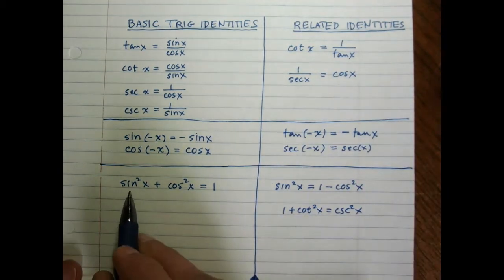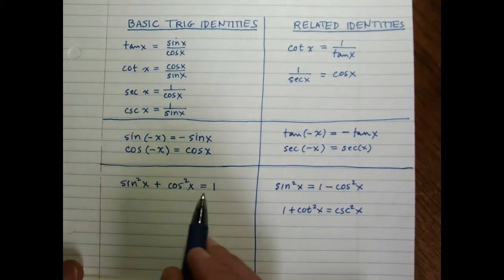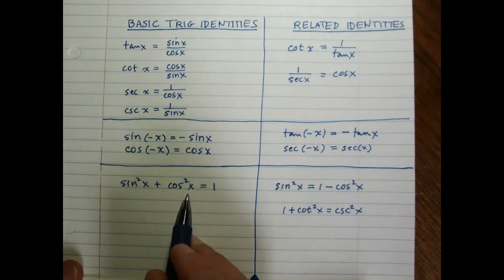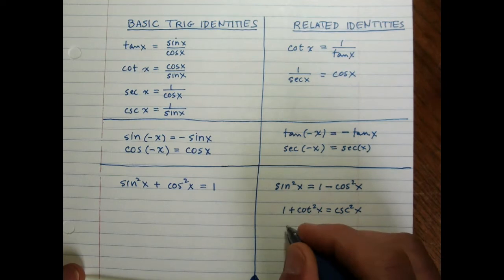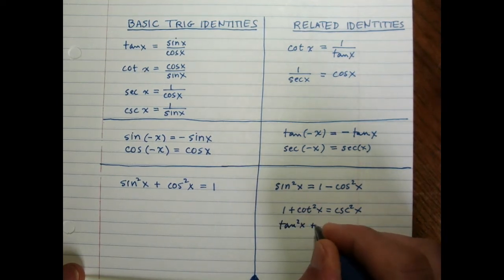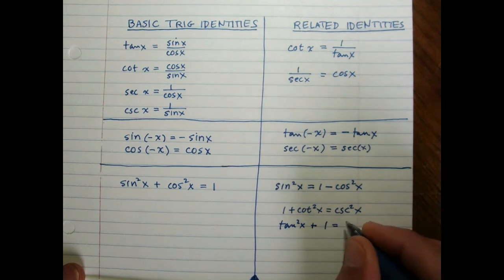And likewise, if you take the identity that I'm pointing at right here on the left and divide by cosine squared on both sides, you obtain another identity: tangent squared x plus 1 equals secant squared x.